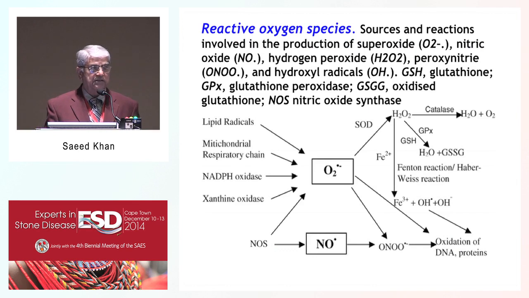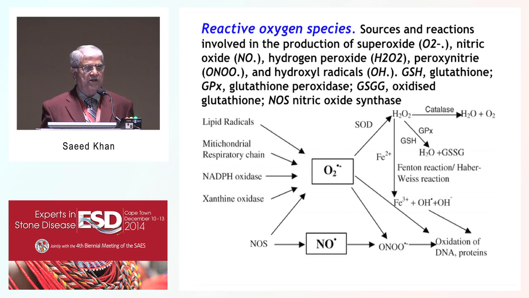So the topic is reactive oxygen species, and I'm sure that everybody has heard so much about antioxidants. Everybody thinks about reactive oxygen species and oxidative stress, but they don't realize that reactive oxygen species are very significant for actions throughout the body.